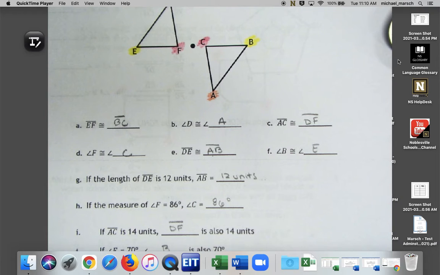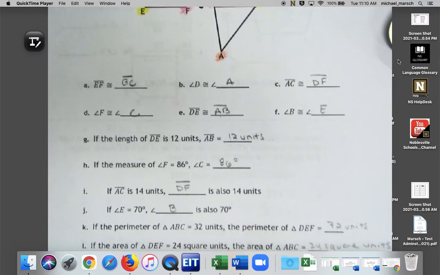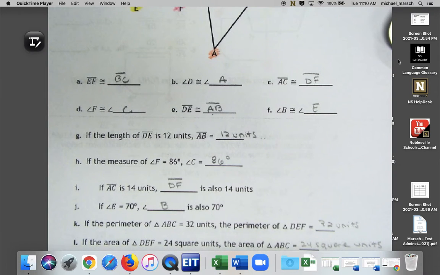You guys ready to compare? How are we doing on corresponding parts? Yes, did I make a mistake?